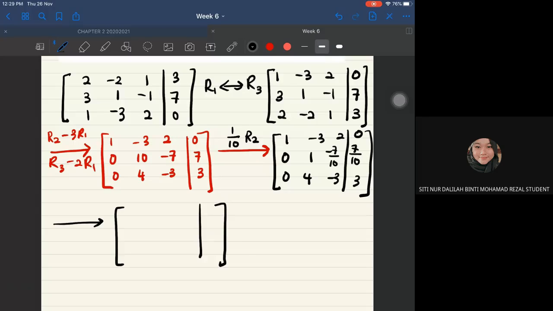So it will be R3 minus 4R2. Yes. So I will have 1, -3, 2, 0, 1, -7/10, 0, 0, -1/5. So on my right hand side we'll have 0, 7/10, 1/5. So what will be the last operation here?